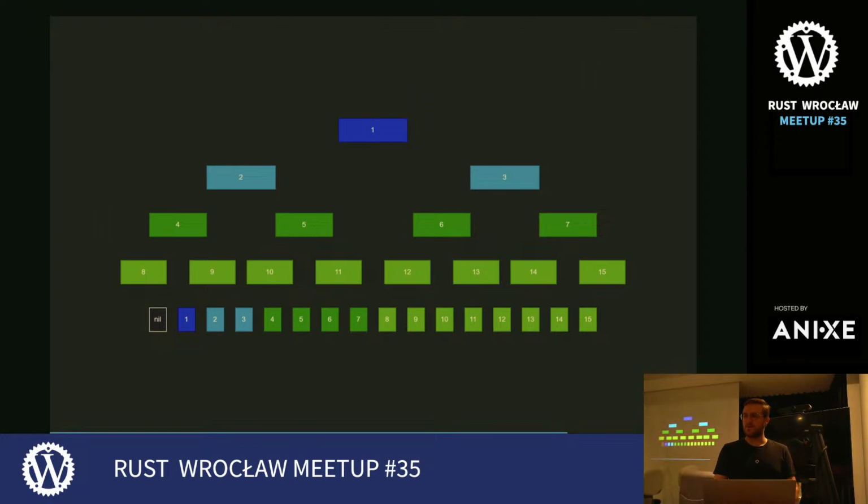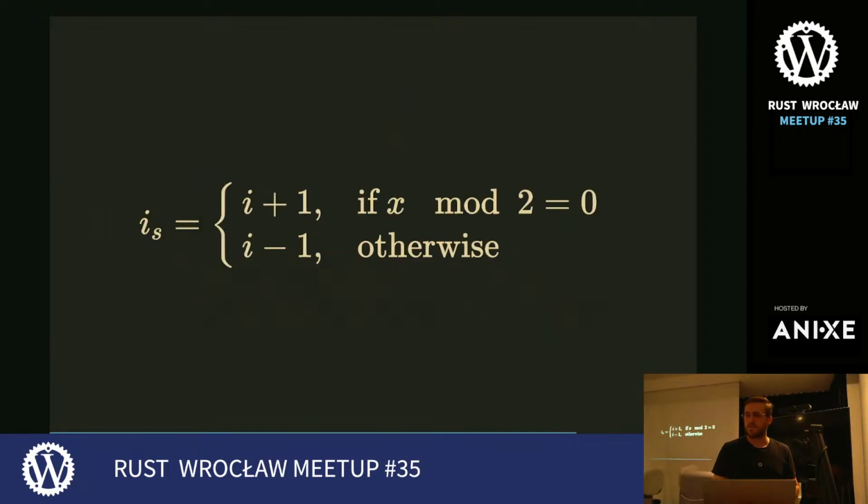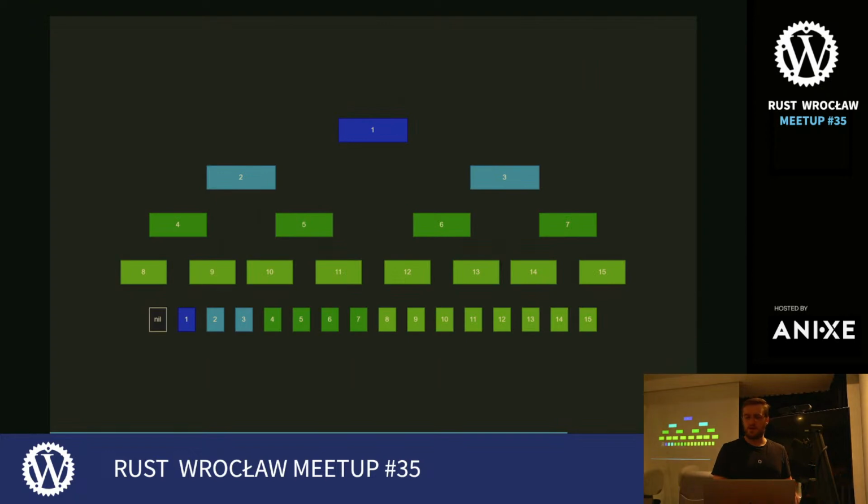Do you see a pattern? If the given index is even, then my sibling is my index plus 1. Otherwise, it's minus 1, right? You can see it clearly here. 4 is even, my sibling is 4 plus 1, 5. 5 is odd, my sibling is 5 minus 1, 4.